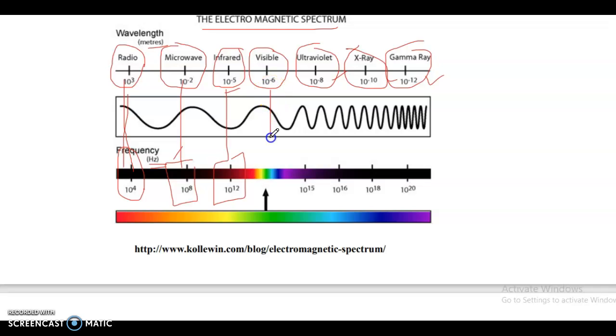Visible wavelength is 10 power minus 6. Here in between 10 power 12 to 10 power 15 is the visible frequency.